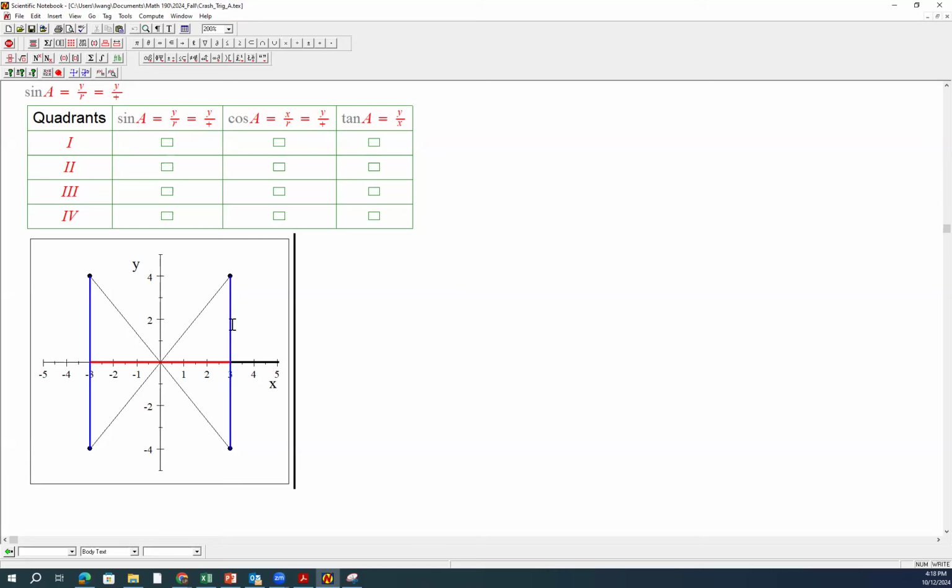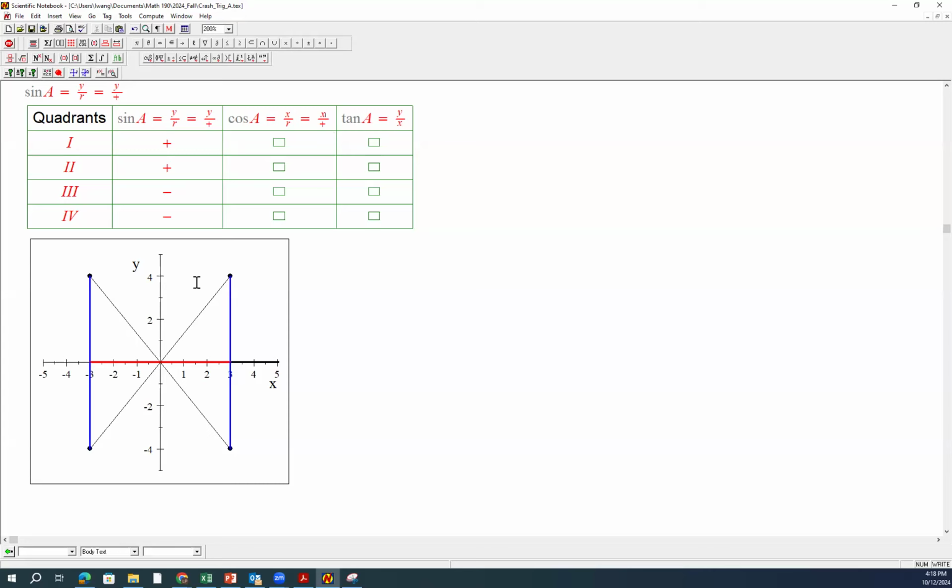When the terminal terminates in the first and second quadrant, y is positive. Sine is going to be positive in the first quadrant, positive in the second quadrant. Third and fourth, they're going to be negative. Cosine, sorry, this needs to be removed because this is x, right?